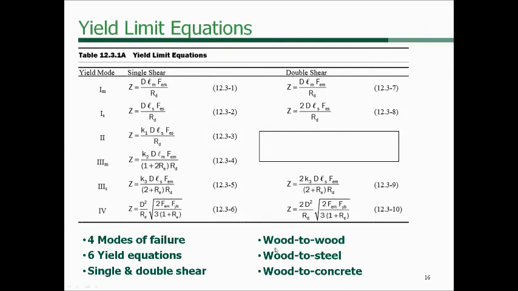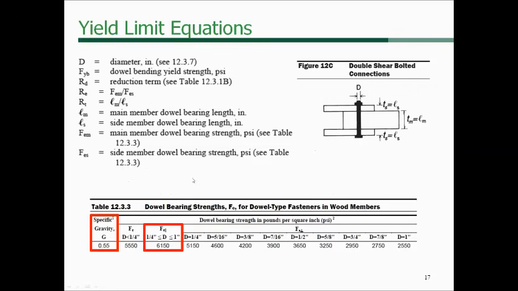I mentioned wood to wood, wood to steel, and wood to concrete connections are possible and are tabulated in the NDS tables. And so you can pull those design values from the tables, or you can use the yield mode equations as shown here. So there's a lot of variables, a lot going on in these equations. Where do you find those variables? Well, it's defined there in Chapter 12. D is pretty straightforward. That's the diameter of the fastener.